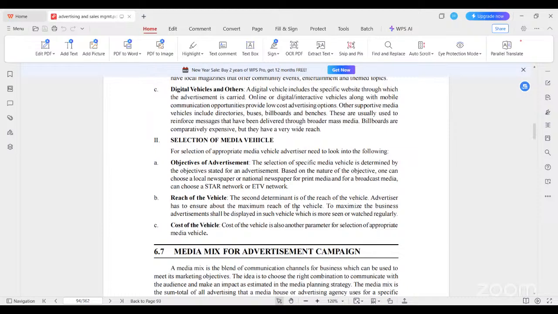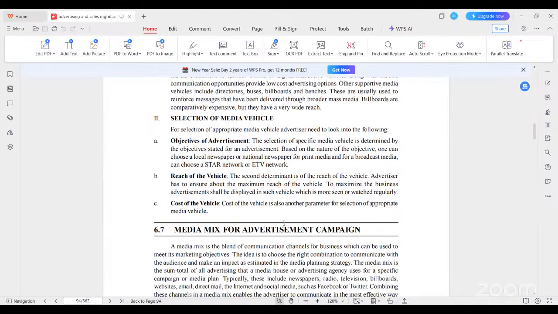Evaluate various media channels on reach, frequency, impact, and the cost. These are the four important things where we have to decide which media is suitable for our product promotion. So selecting the most effective media channel is very important to achieve our marketing goals.